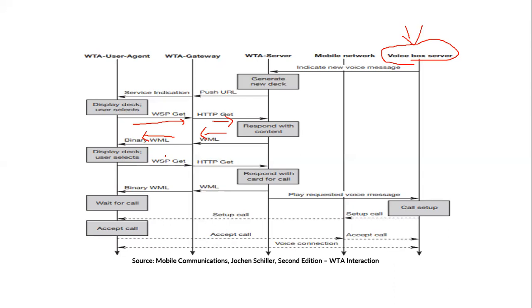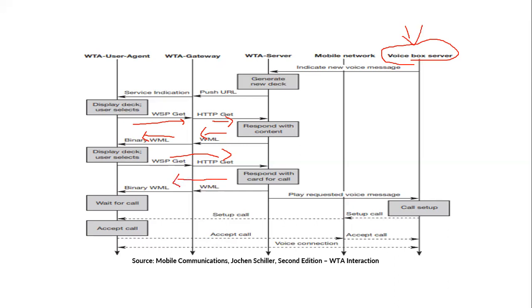Whatever the user selects will go as a request, and that is also in the form of WML code. The purpose of this code is to prepare the client for an incoming call. So now the client will get an incoming call.